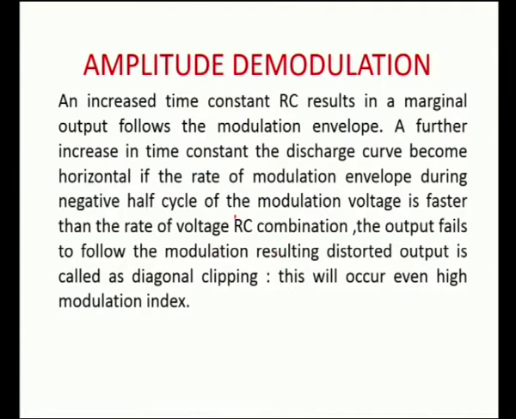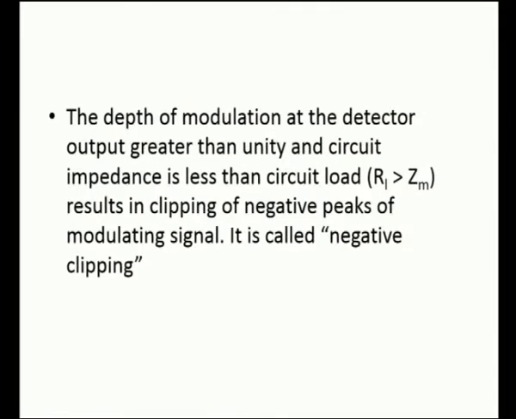So, to demodulate an AM waveform, you need to be very careful in selecting the RC, which is the time constant of the circuit. If the depth of modulation of the detector output is greater than unity and the circuit impedance is less than the circuit load, it will result in clipping of the negative peaks of the modulating signal.